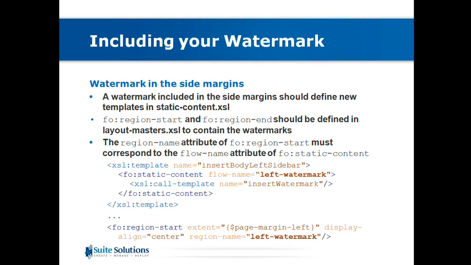So we have a file called layout masters.xsl that we'll discuss more in depth later on, that includes definitions for FO region before and FO region after for each of the document sections.